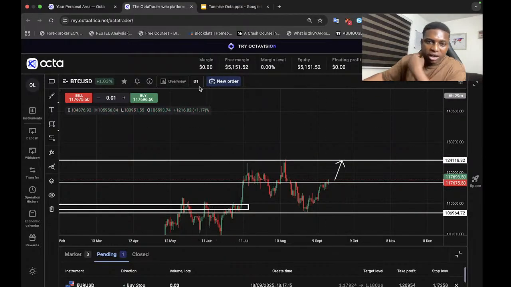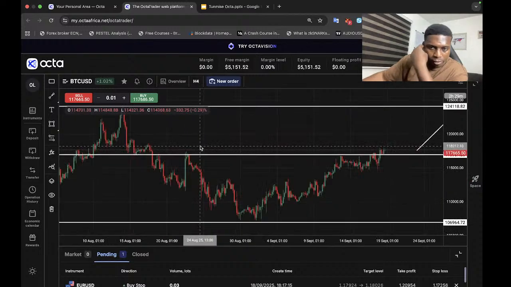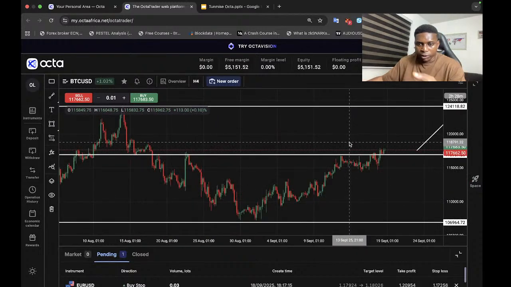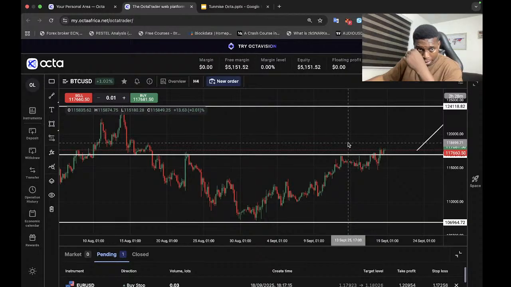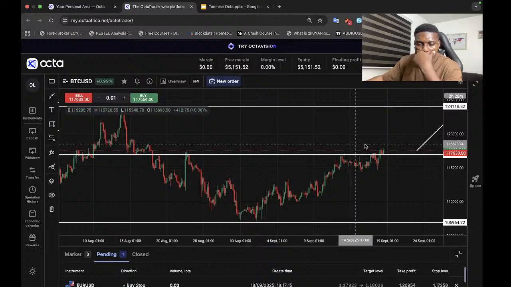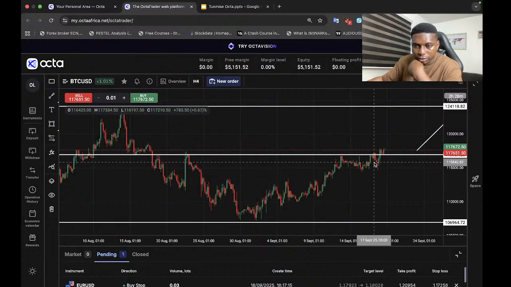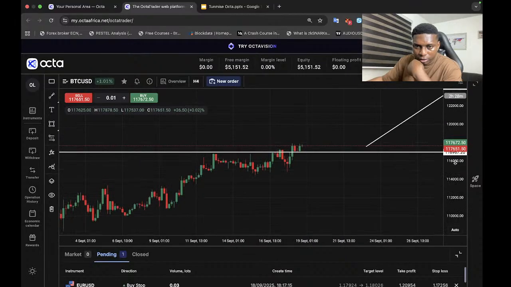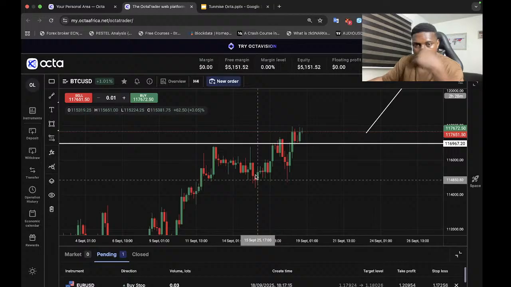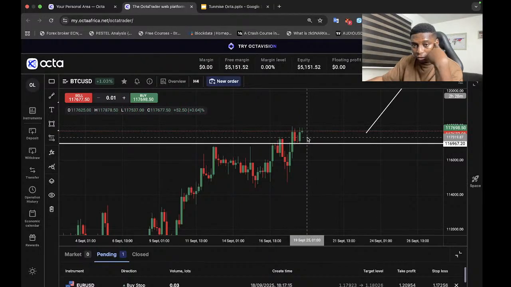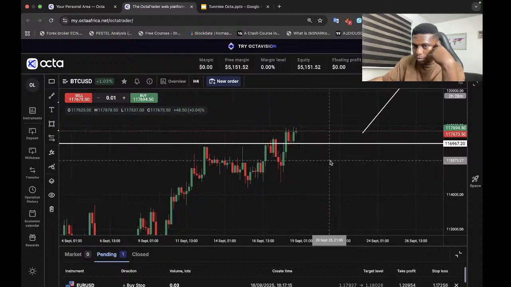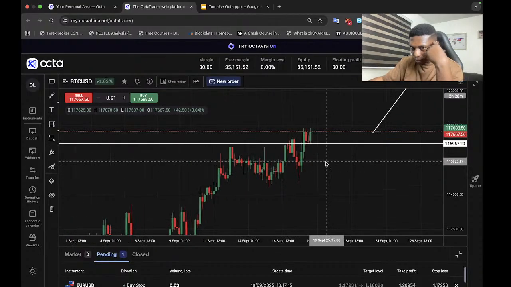So let's go down to the 4 hours time frame, and you can see what I'm saying. At this level, you can see price has consolidated and then pushed up. So there's a possibility at this level.